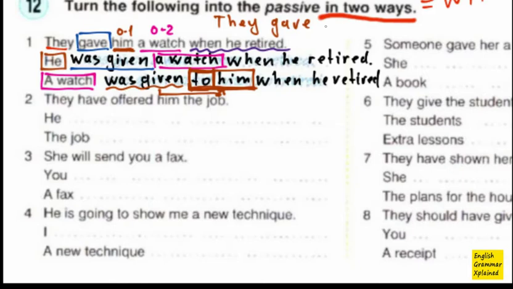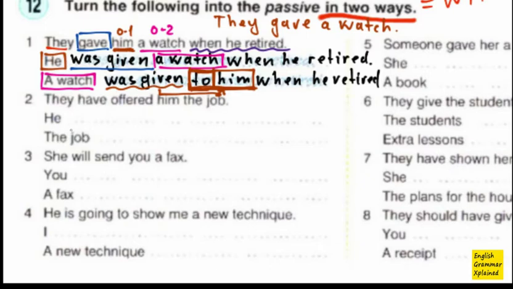Of course I don't know whom and when, and my sentence is not so good, but it can exist. However, if I throw away a watch, my sentence cannot exist. They gave him, then something, I don't know what exactly they gave him, and then when he retired. So my sentence doesn't make sense. And if it doesn't make sense without my object, this object is direct, so I don't place any prepositions before it.